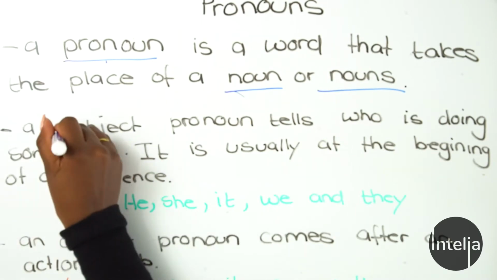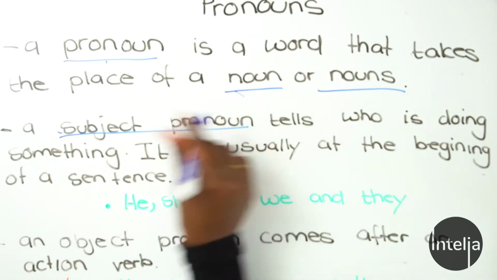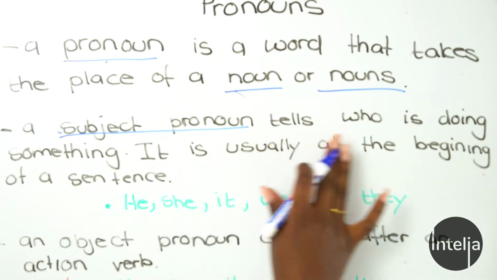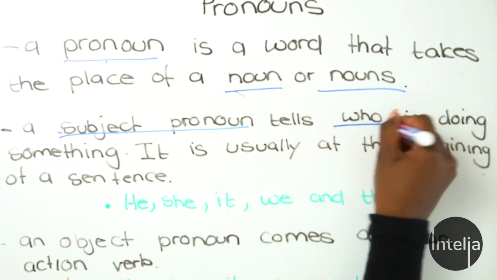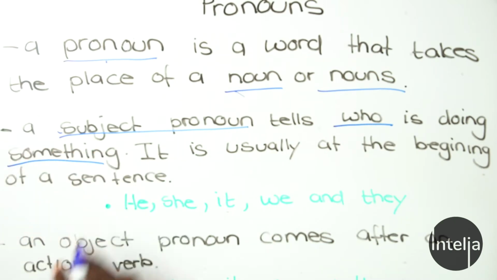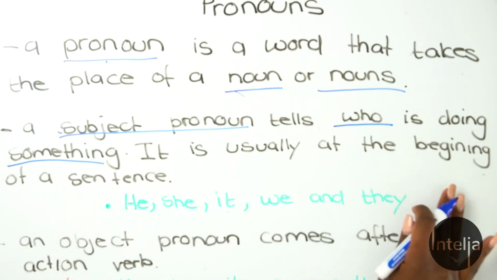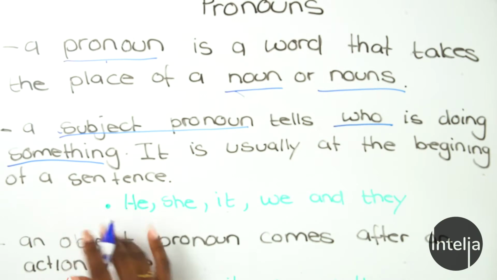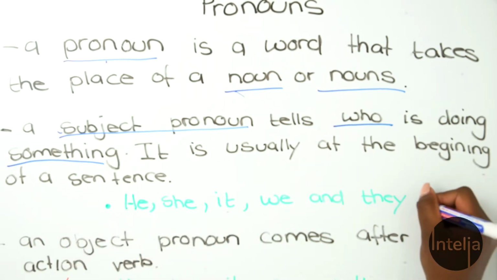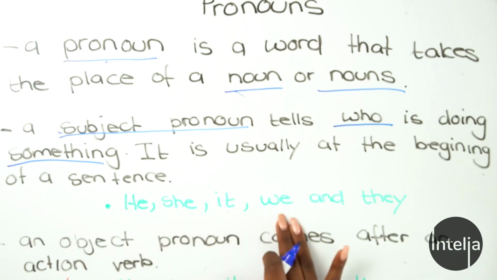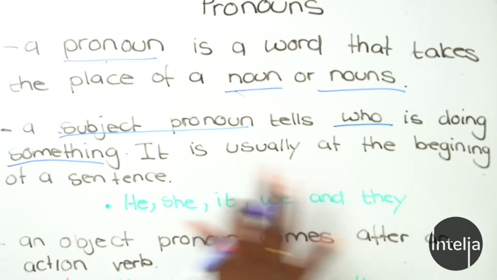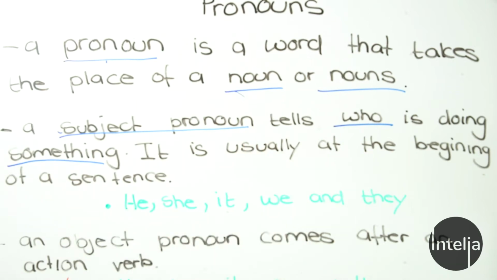Now we're looking at subject pronouns. So a subject pronoun tells who is doing something. It is usually at the beginning of a sentence. So let's look at our examples. We have he, she, it, we, and they. So a subject pronoun, so we all know what a subject is.